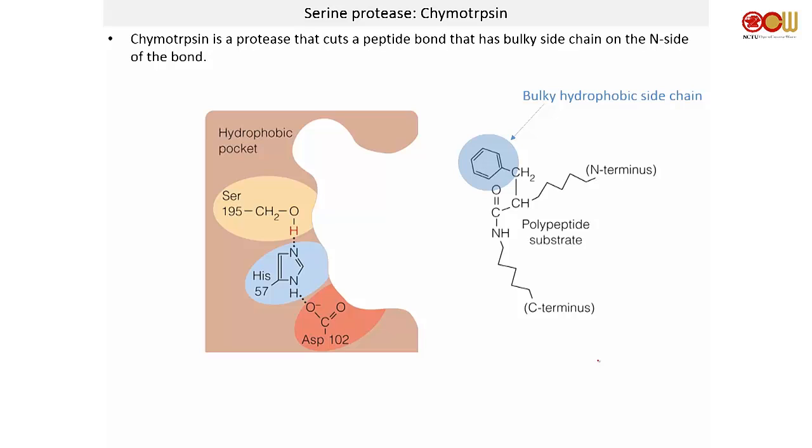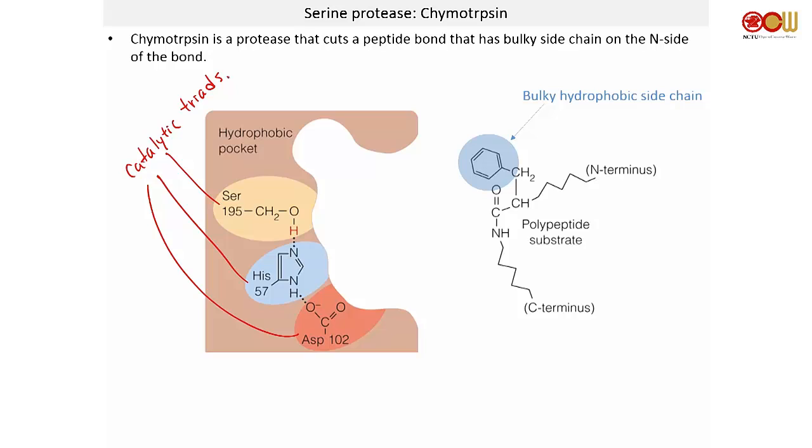And this enzyme has what we call a catalytic triad. So this guy, this guy, this guy. These things are the catalytic triad, meaning that they are the 3 amino acid residues that are really important in this catalysis.